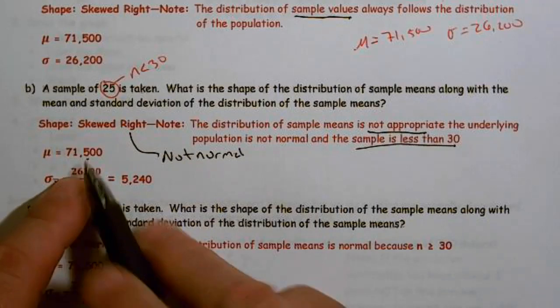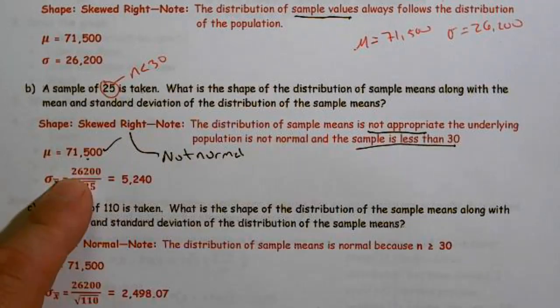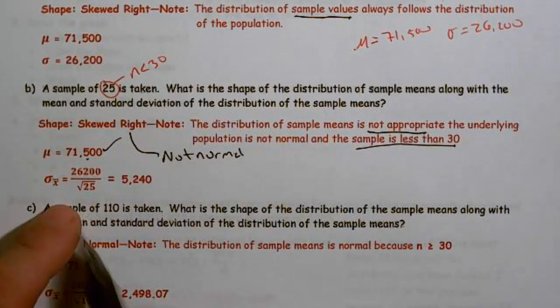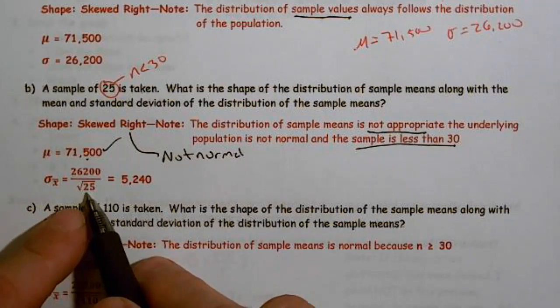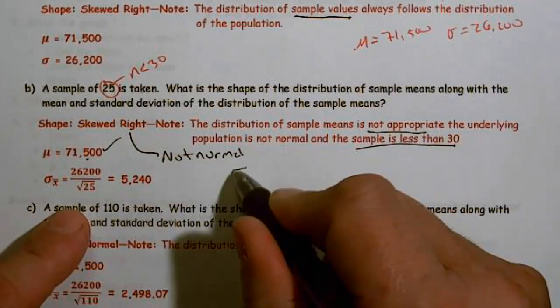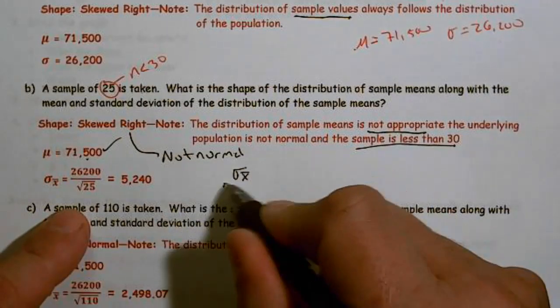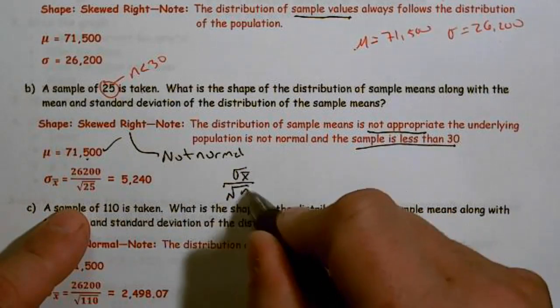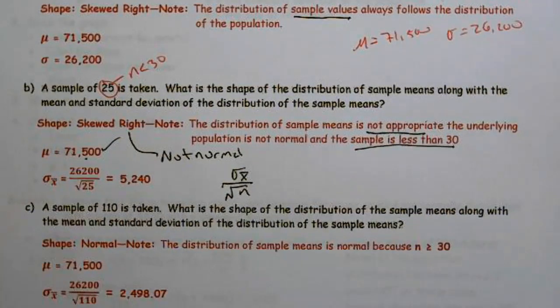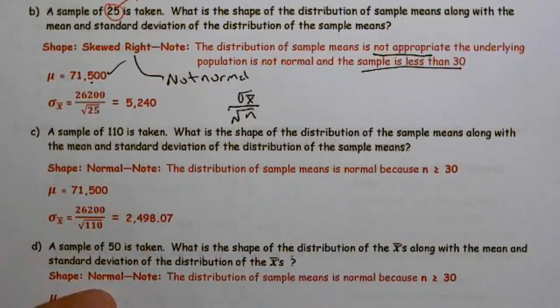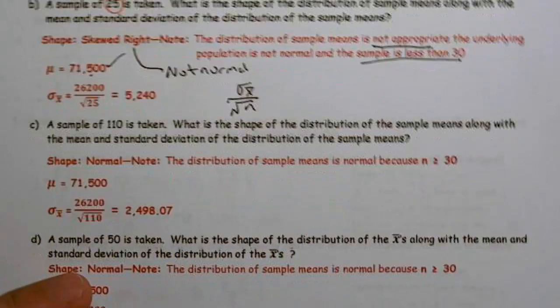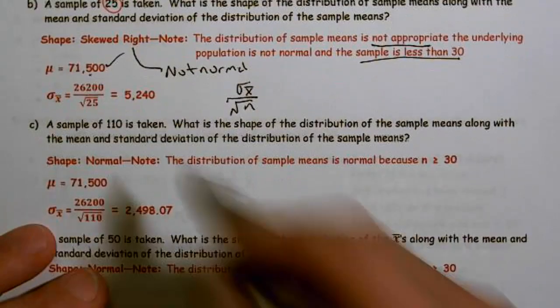However, the mean still hasn't changed, 71,500, and our standard deviation is changing. It's 26,200 divided by the square root of n, because remember, the distribution of the x bars always follows this. It's just we don't get to use the normal values if our sample size isn't large enough or the underlying population is not normal. Okay, so now we take a sample of 110.